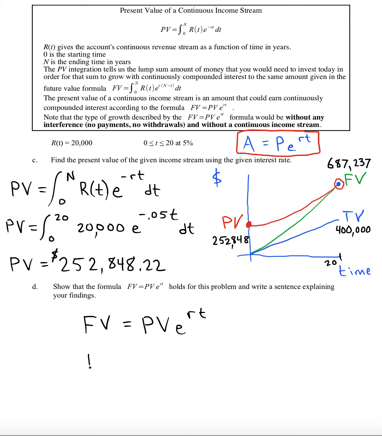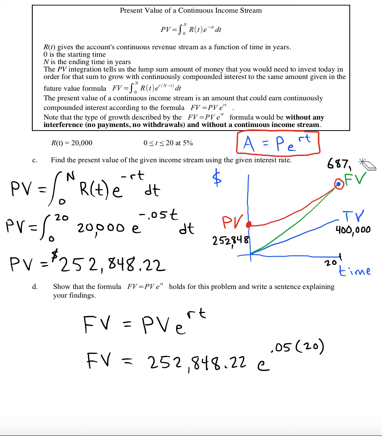All right, so our future value, according to this, would be 252,848 e^(0.05 times 20). That's how we calculated it in the past, continuous compound interest. Let's see what we get.